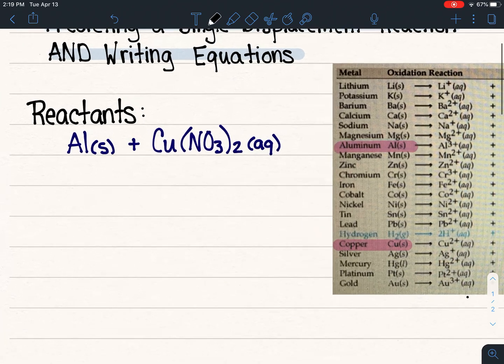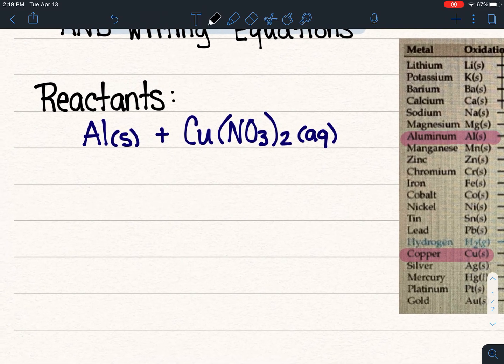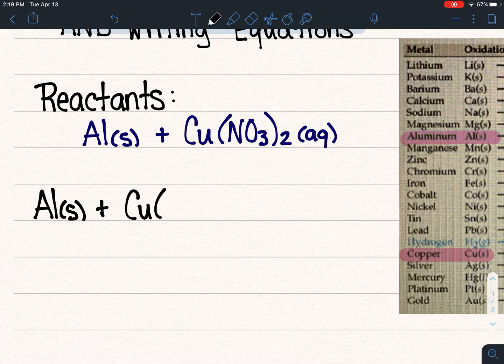So one of the things we'll do here is just write out the full equation for this reaction. Aluminum is more reactive, so we'll go ahead and put that down. And when placed in a solution of copper(II) nitrate, the copper from that solution will actually remove electrons from aluminum until the copper has gained back 2 electrons and become solid again.